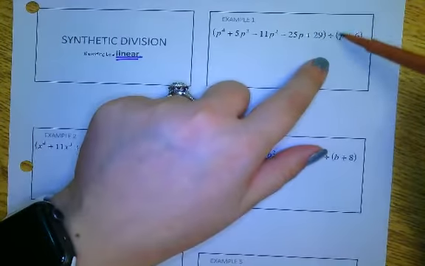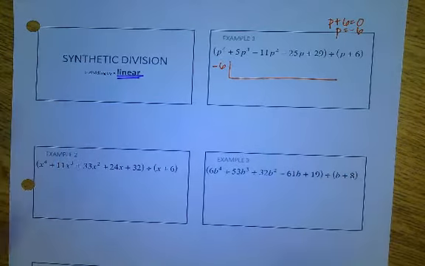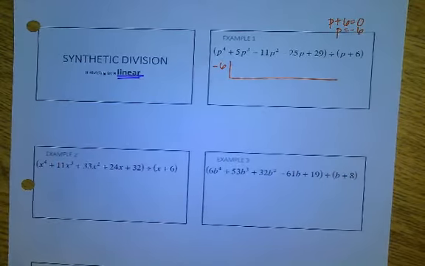Okay, it needs to be thick enough that you can write 2 rows of numbers. After you've drawn your little house, you're taking the coefficient of every single term.